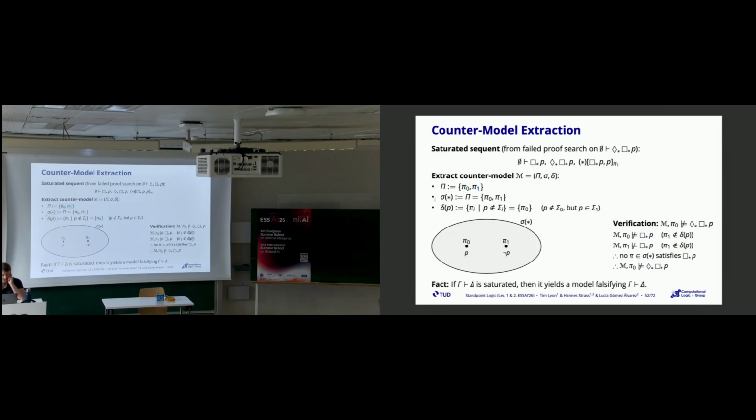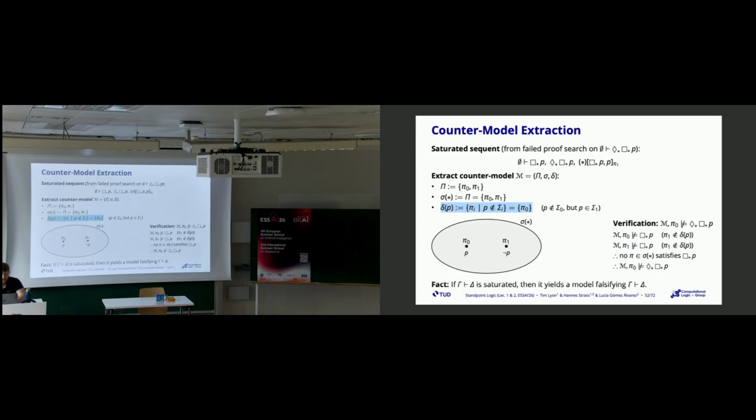Now, in this model, we define, of course, the universal standpoint to be equal to all of big pi, as usual. And we then define the delta function, which interprets our propositional atoms, as shown here. Essentially, a propositional atom is taken to be true at a precisification if it does not occur in the component that relates to that precisification.